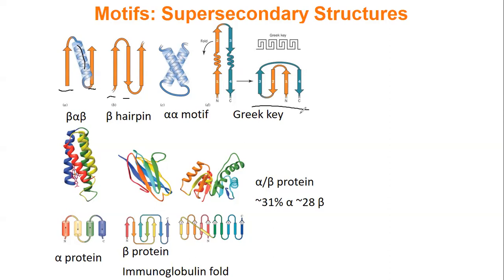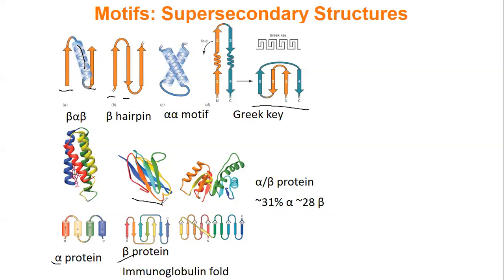when we look at protein structures, it's just not as simple as an alpha helix here, a beta sheet here. Some of these alpha helixes and beta sheets will actually combine into more complex structures. And like I said, some proteins, if they're only made out of alpha helixes, they would be called alpha proteins. Some proteins, if they're only made out of beta sheets, they would be beta proteins. And in fact, what we're looking at here is called the immunoglobulin fold.